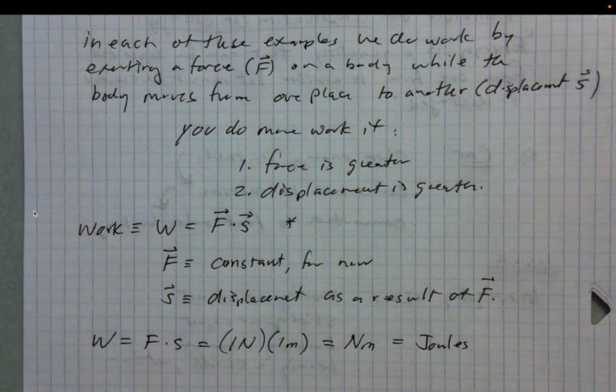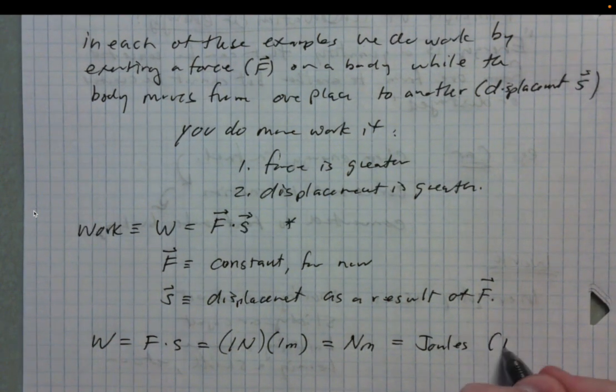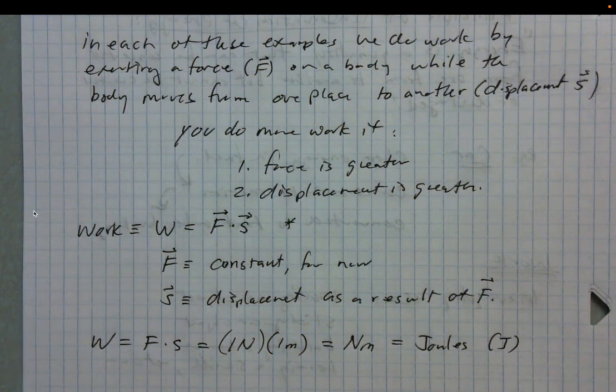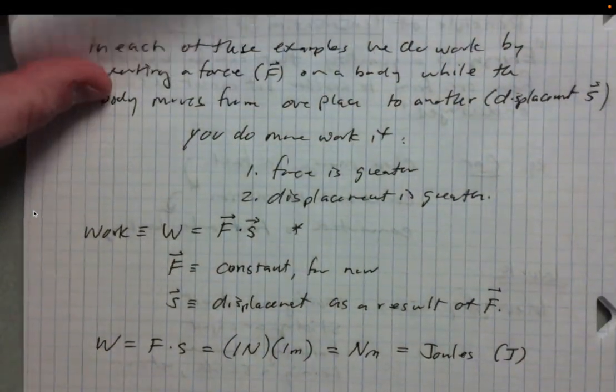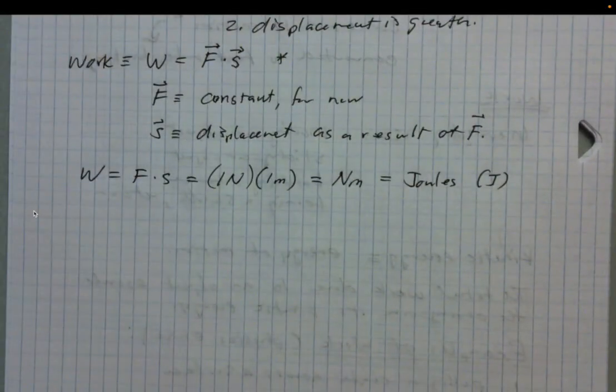Okay, so 1 Newton meter is 1 joule. We usually just denote it with a J. Right, so you're applying a certain amount of force over a certain distance, and that is called a joule. Okay. All right, very good. So this is all kind of wind up. We'll get into some of the more mathematical aspects here in a moment.